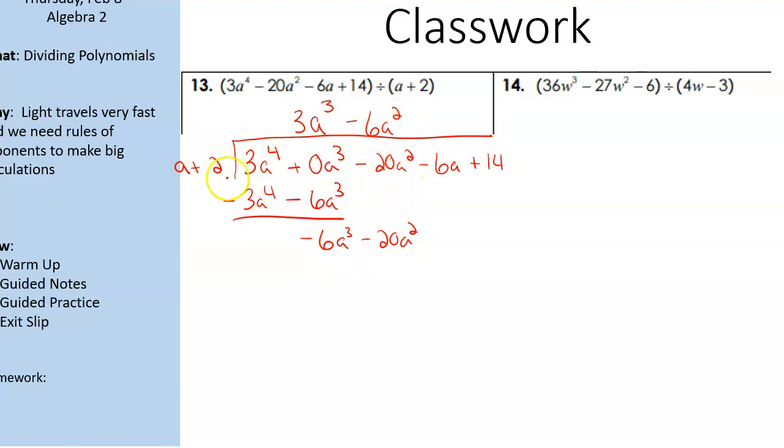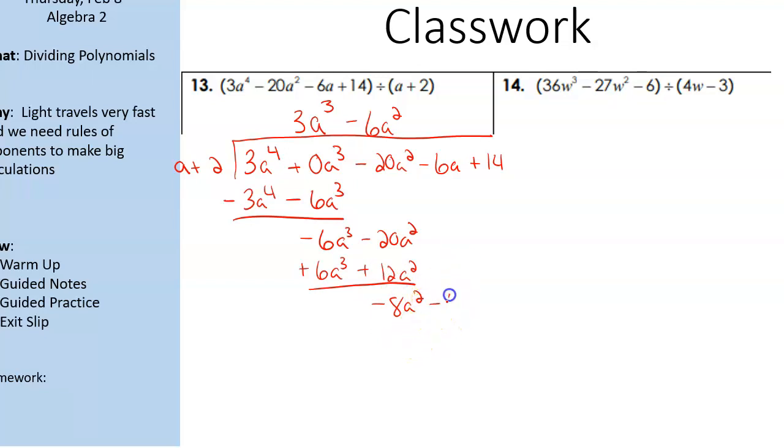So when we multiply negative 6a squared times a, I get negative 6a to the 3rd. Multiply negative 6a squared times 2, I get negative 12a squared. Before I combine, change your signs. Okay, the 6's cross out, and I get negative 20 plus 12 is negative 8a squared.